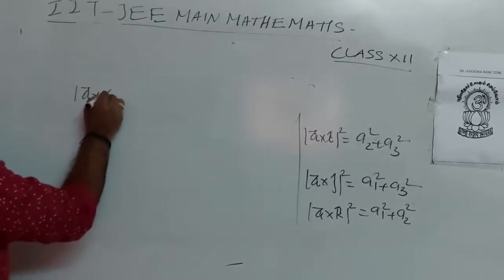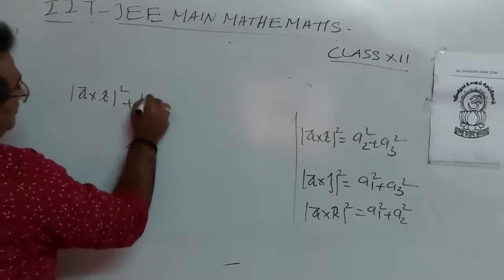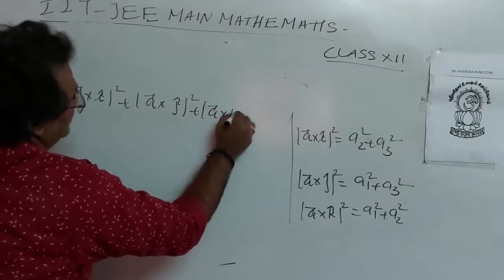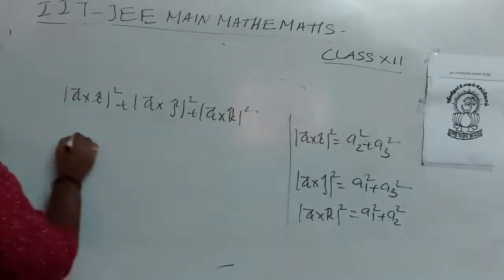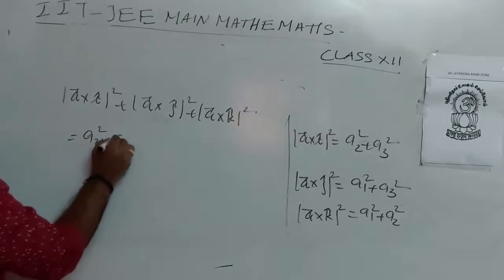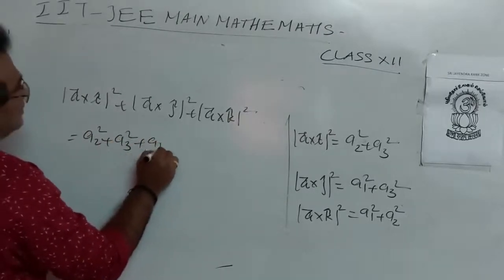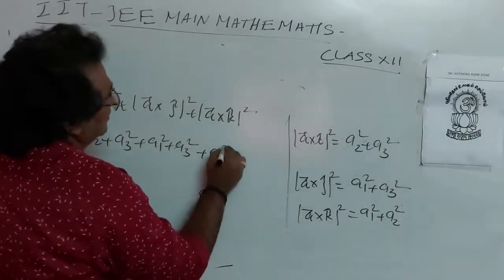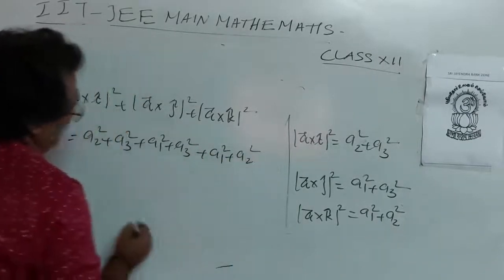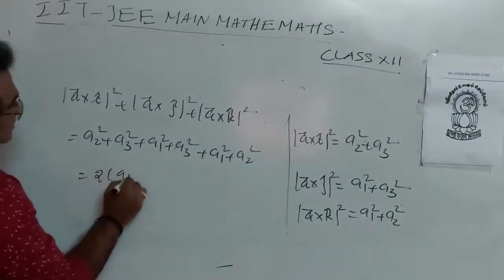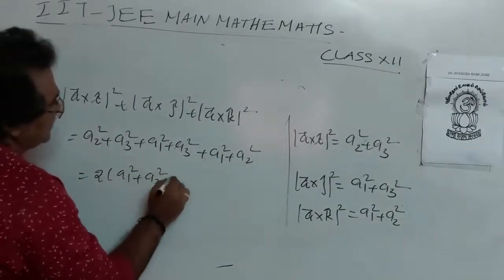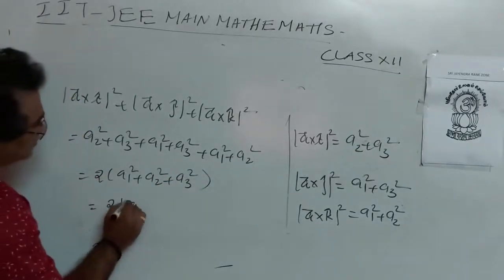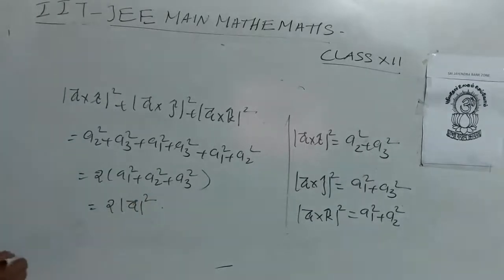Adding them gives twice a1 square plus a2 square plus a3 square, twice modulus A vector whole square.